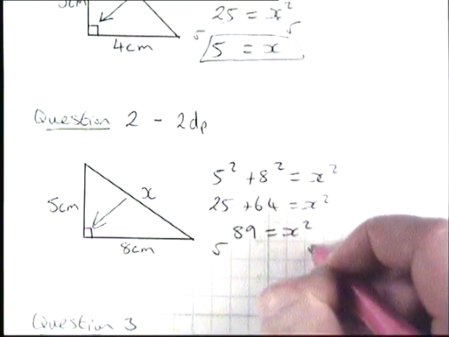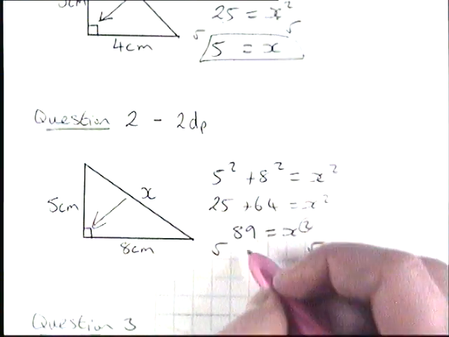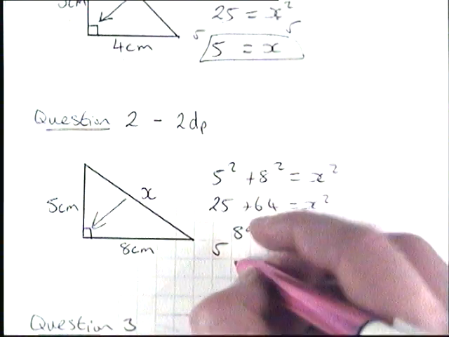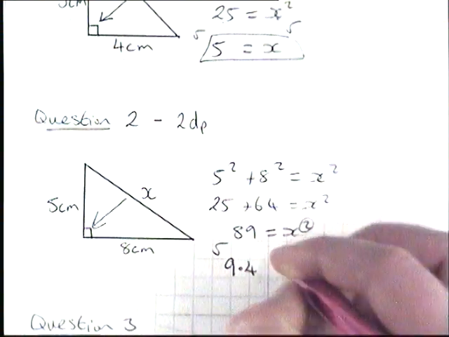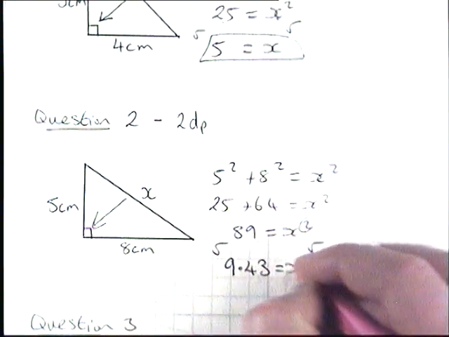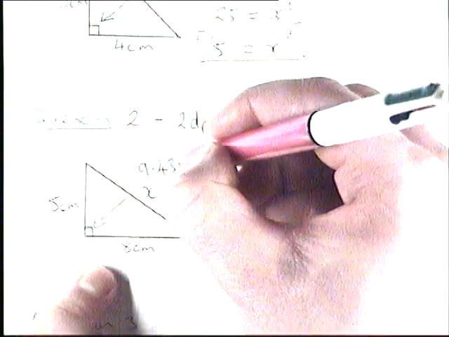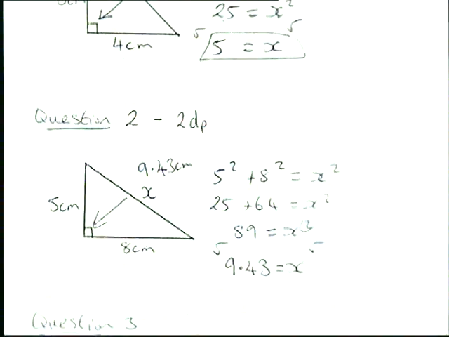And again, square root both sides to get rid of the square. And the square root of 89 to 2 decimal places is 9.43. So that's our missing value, 9.43 centimeters.